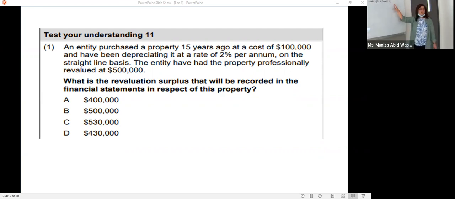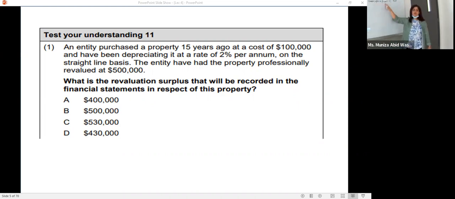You can take the total and simply credit it, or you can calculate the carrying value first and take the difference with the revalued amount and then write it. So it is going to be 430,000. They are asking what the revaluation surplus recorded in the financial statements in respect of this property is. 430,000.